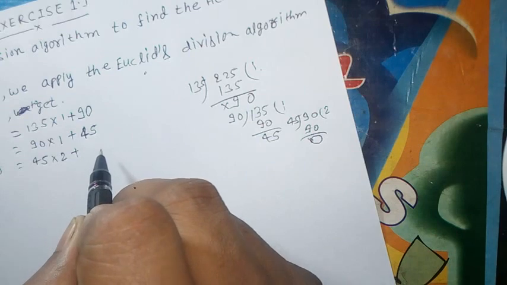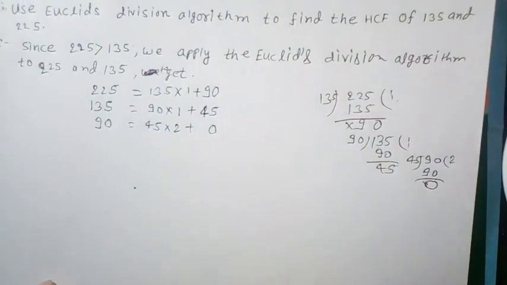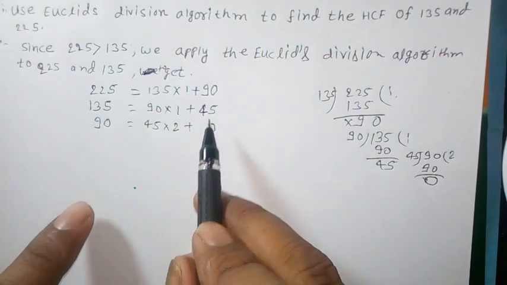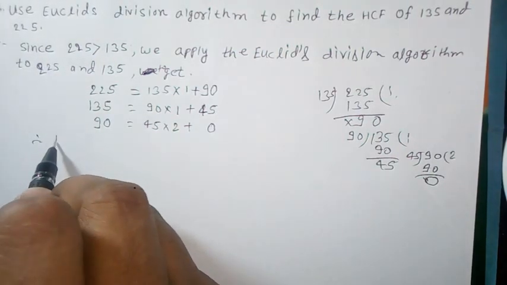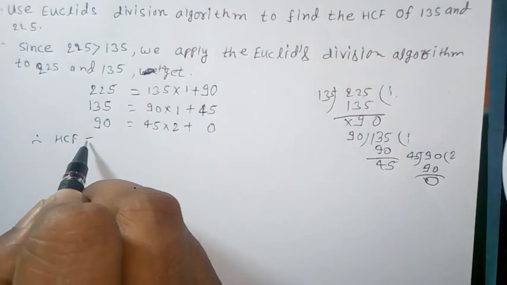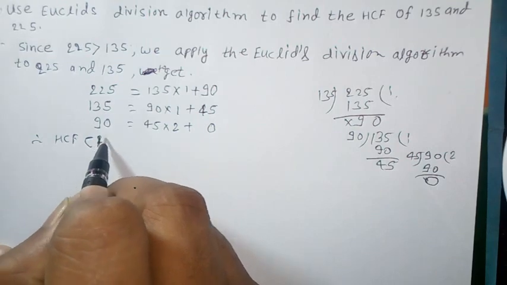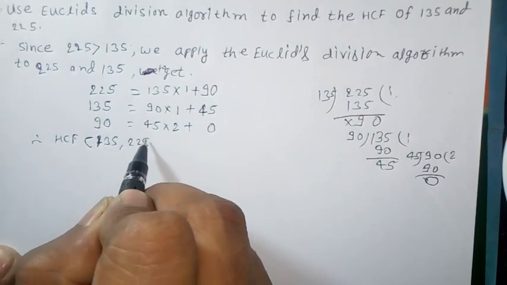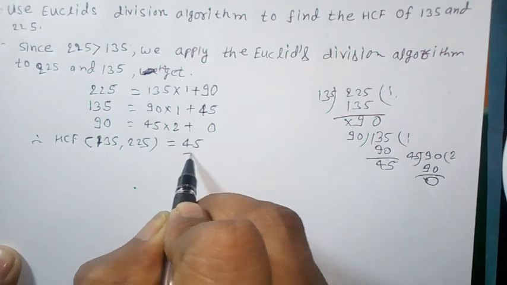So here the remainder is 0. Now the process stops when we get the remainder 0. Therefore HCF of 135 and 225 is equal to 45. Answer.